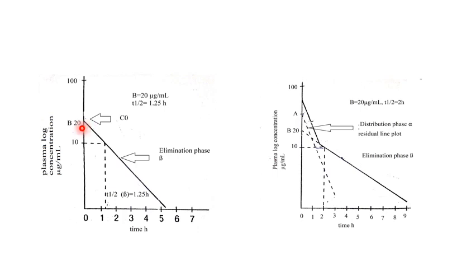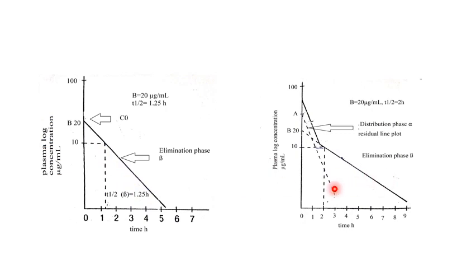So here the intercept is B in case of one compartment open model, and the slope here is beta, that is the elimination phase constant. Whenever we divide this intercept with this slope, we will obtain the area under the curve. It means that this is the area under the curve.